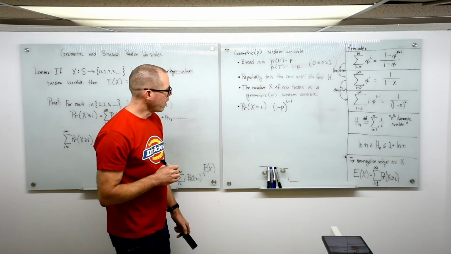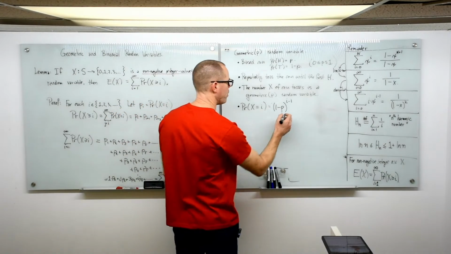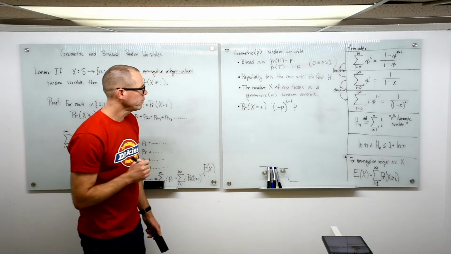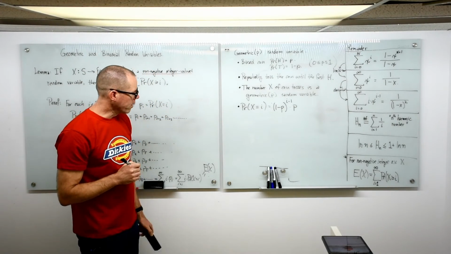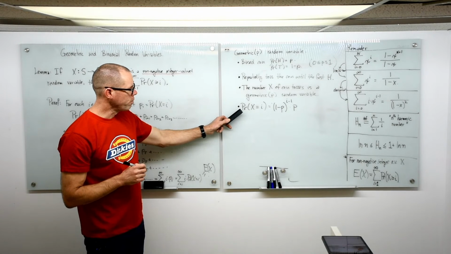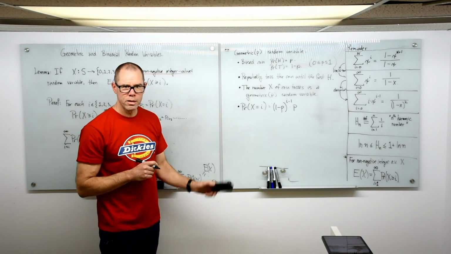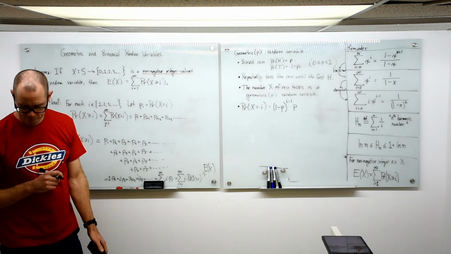And then finally, the probability that the ith one is a head happens with probability p. That's a really explicit description of the distribution. For every positive integer i, this tells you the probability that this random variable takes on the value i.